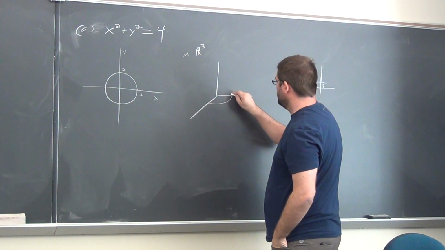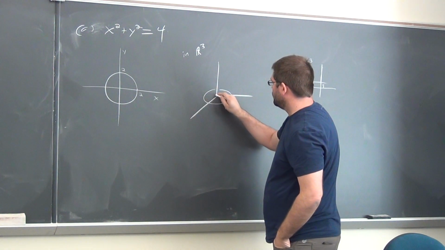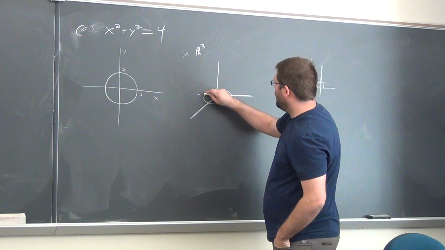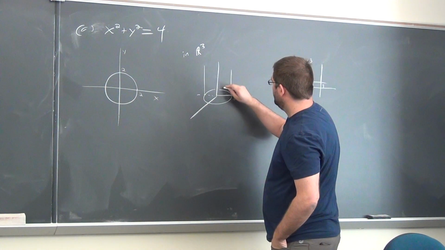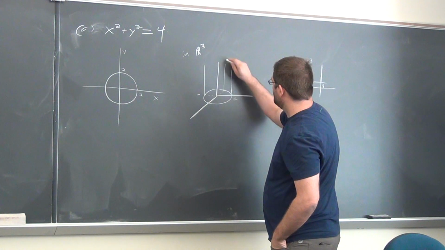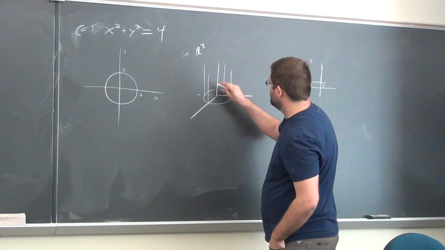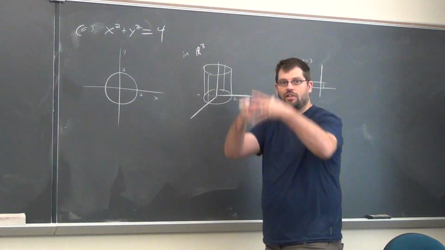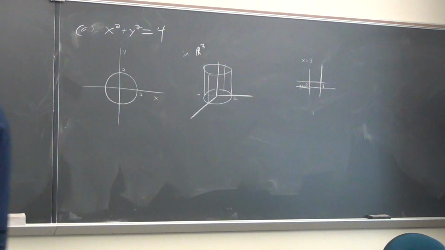so you pull it up and down. So you get a little circle there of radius 2, and then I'm just going to go up with it, more or less like that. So it's a cylinder being pulled up. Does that make sense? And so this section is called cylinders and quadric surfaces.